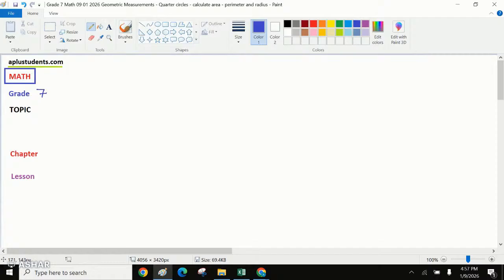Okay. The topic for today is geometric measurements. And the chapter number is 22.